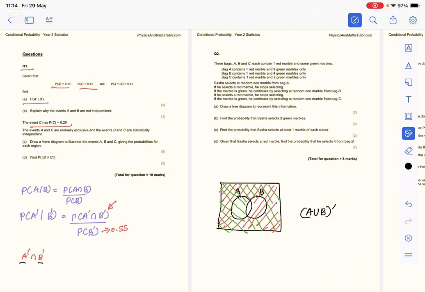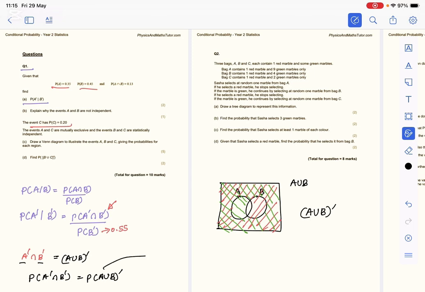Both the circles are A or B. Except that one, the complement of that union, A or B, will be the area that holds both colors. So you can convert that into probability.